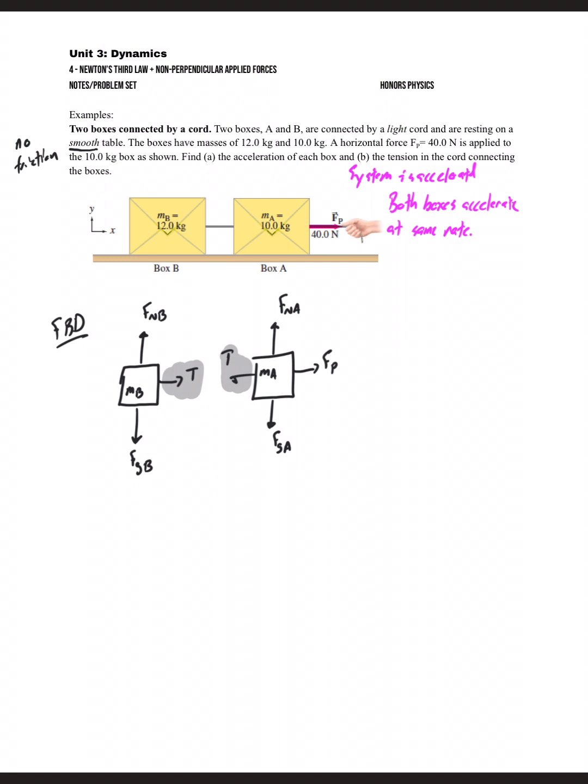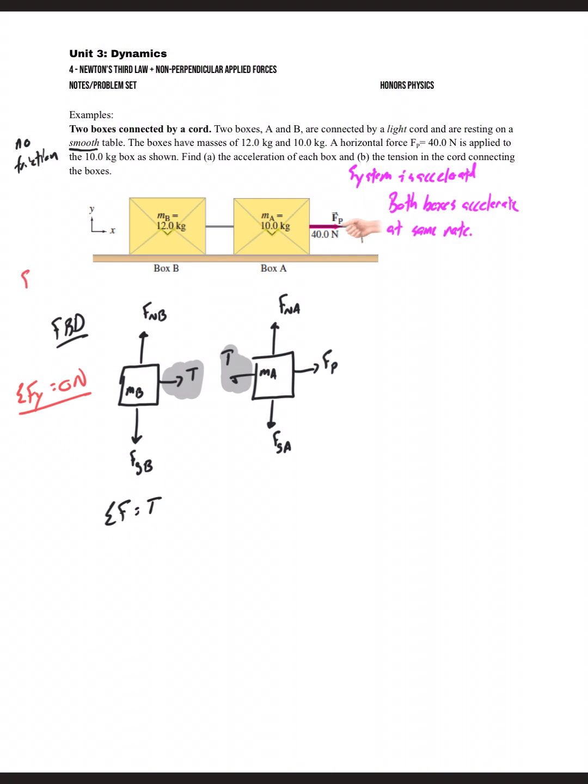So once we draw our free body diagrams, we have to go down and start working on Newton's second law here. What's happening here is the net force on box B is basically just the tension. Once again, we're assuming that net force in the y direction is 0. The object isn't accelerating off of the table.